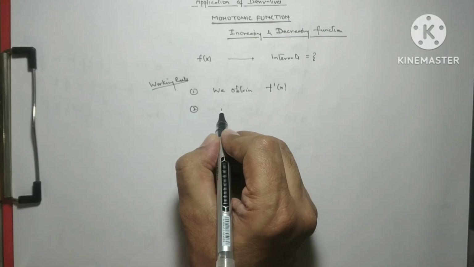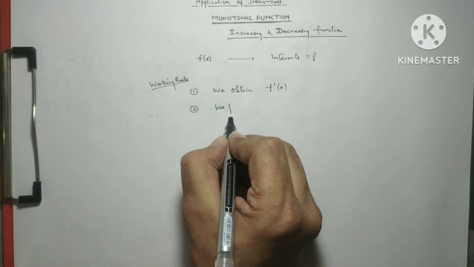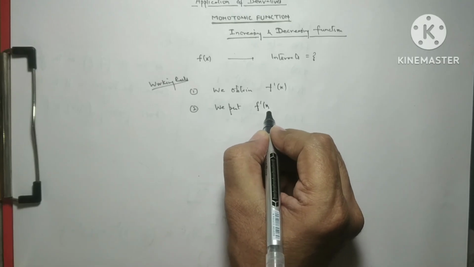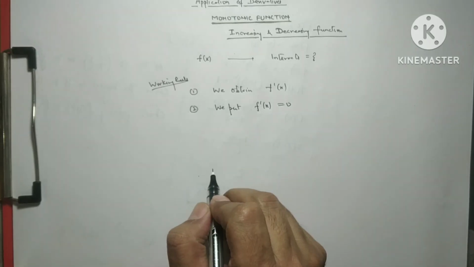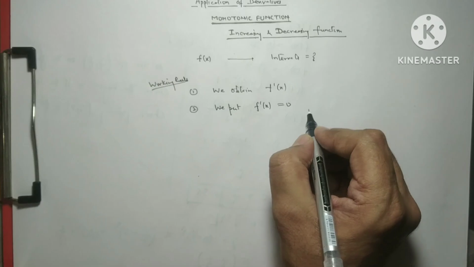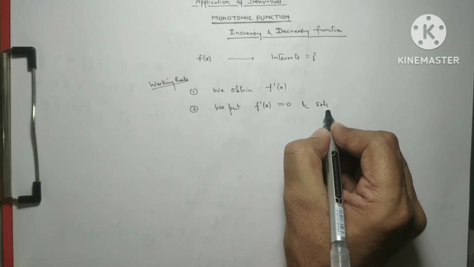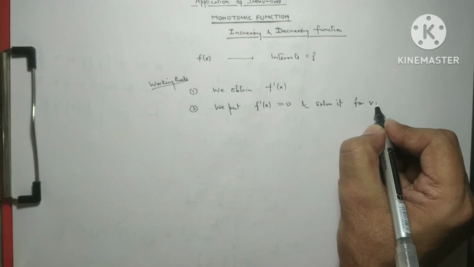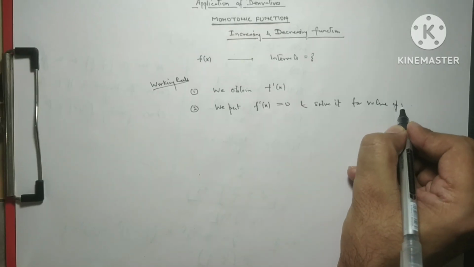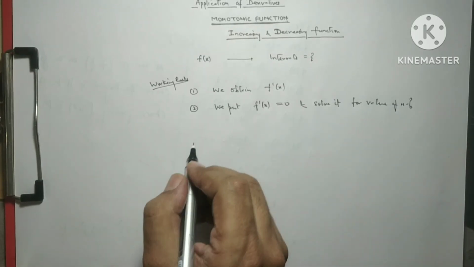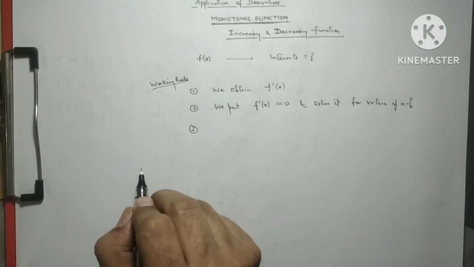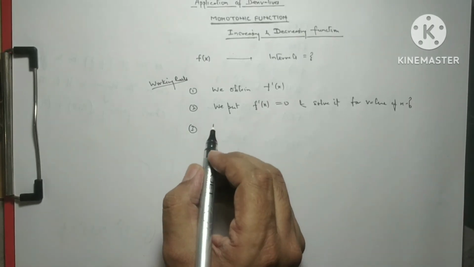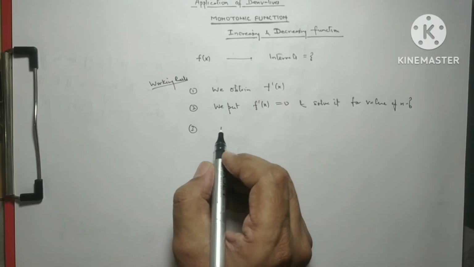Second, we put this f dash x equal to 0 and solve it for the values of x. Then we will collect the values of x, and after this we will make intervals.